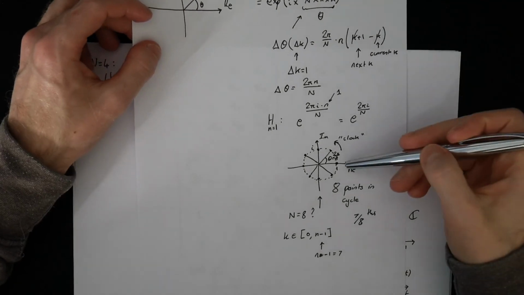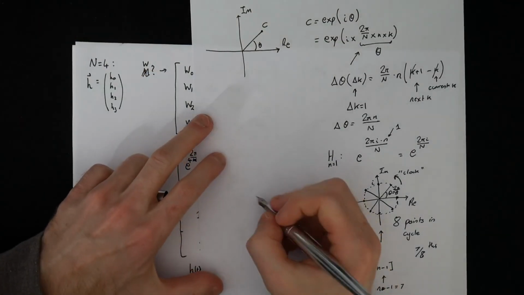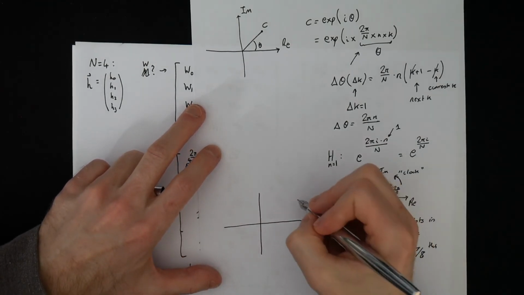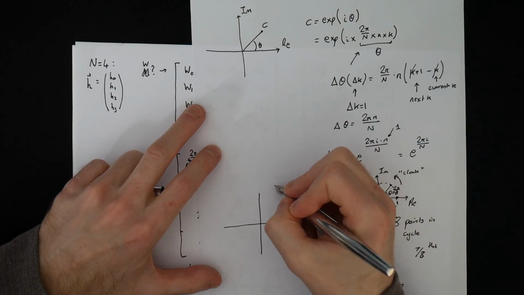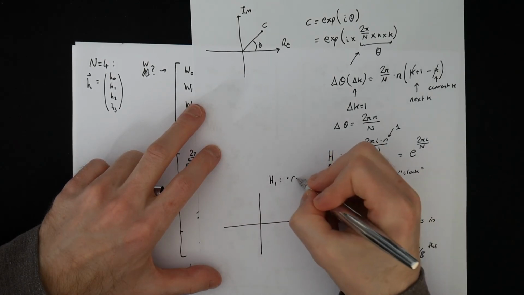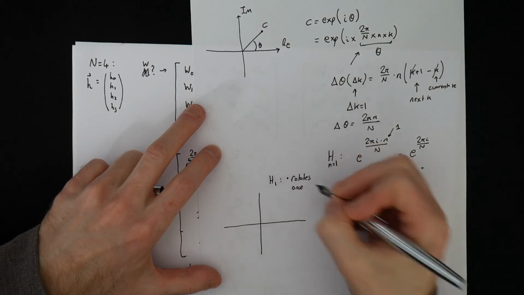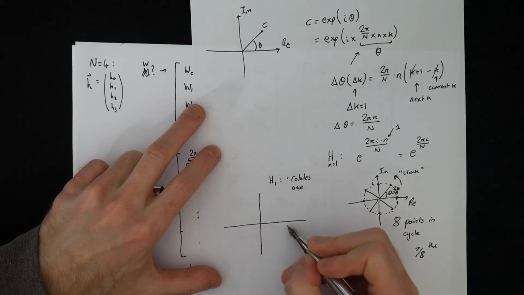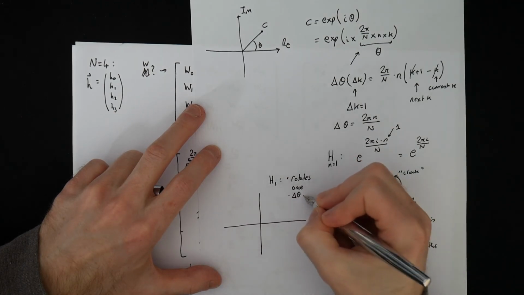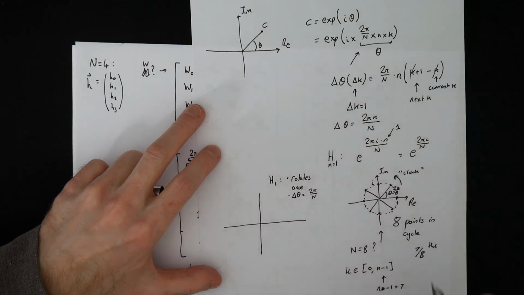If we have 8 points, it rotates along 8 points on the circle. If we have n points, then our phasor will rotate for h1. It rotates once, meaning it goes around, and it only goes around once. And the delta theta is 2 pi over n.